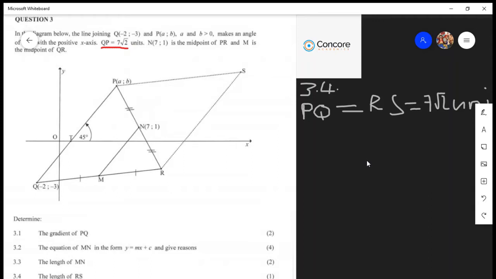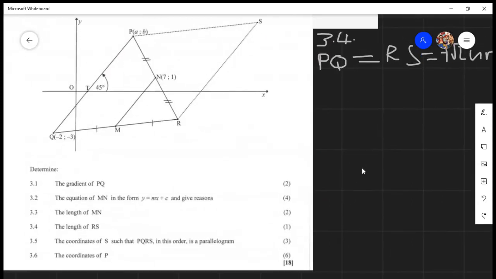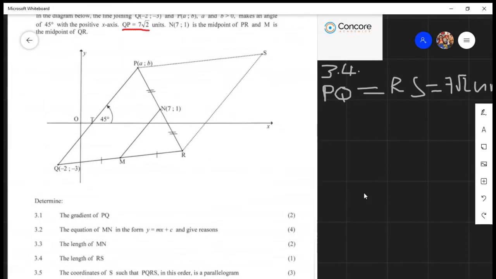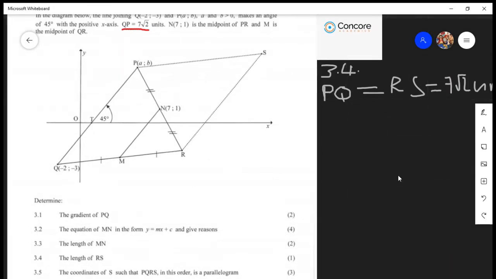So question 3.5 says the coordinates of S such that PQRS in this order is a parallelogram. So here they actually gave us that it is a parallelogram, right?